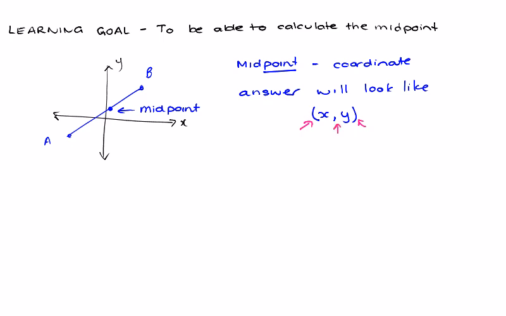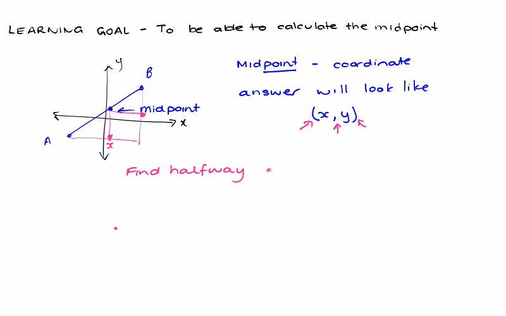So if I have 2 points, let's take this A and B, and I want to find halfway, it's simply a matter of finding halfway between the y values and halfway between the x values. And how do you find halfway? How do you find the middle? You take the average.